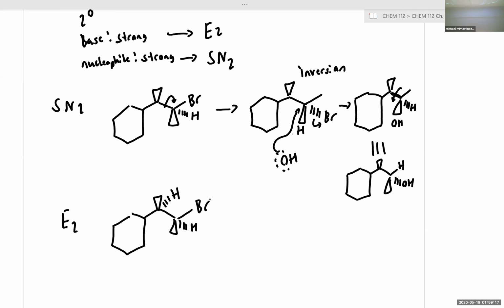So the reason why I rotated in this case is so that I can just replace my leaving group with a dash with my nucleophile with a wedge. It's easier to show inversion when you have your leaving group written in dash wedge notation, since all you do is swap out your leaving group and change the stereochemistry of your leaving group to the opposite configuration for your nucleophile. Okay, got it. Makes sense.